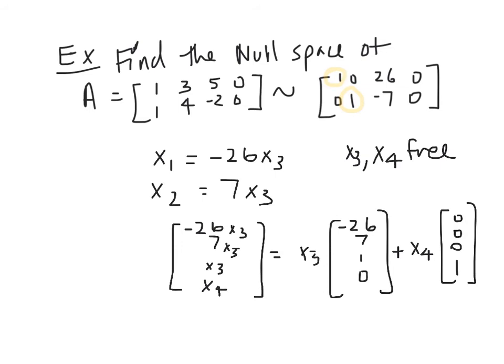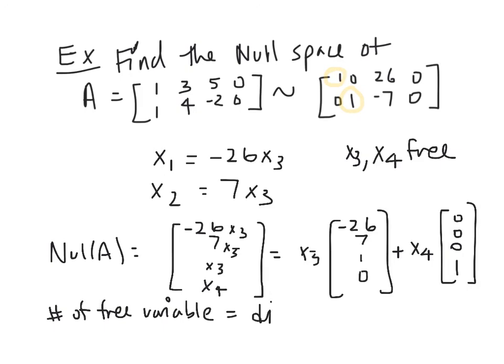And so what we see is that the number of free variables is the number of vectors in the basis of null A. In other words, the number of free variables is equal to the dimension of null A.